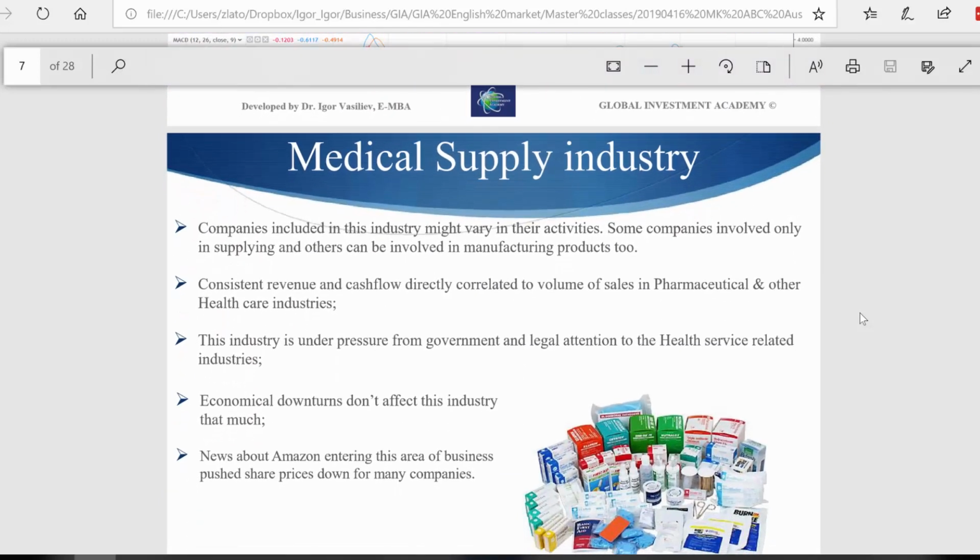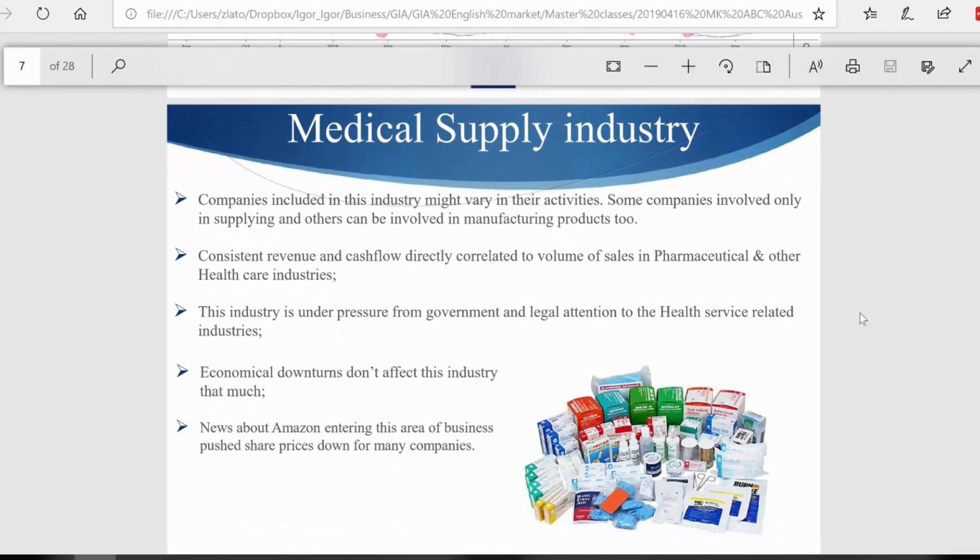Then we analyze the industry itself. We look at the medical supply industry because personally I have an executive master in business administration education. I've run businesses since the age of 18, so for more than 25 years by now. I have huge experience in different industries.